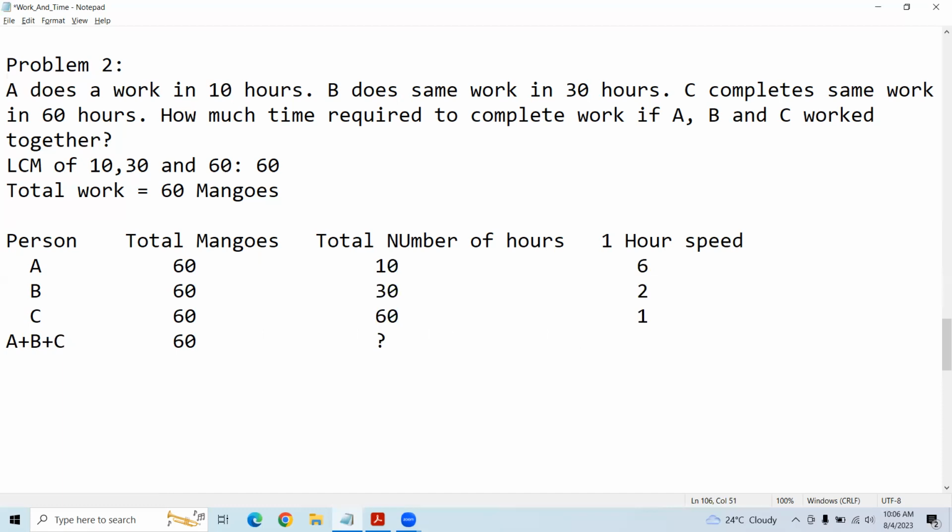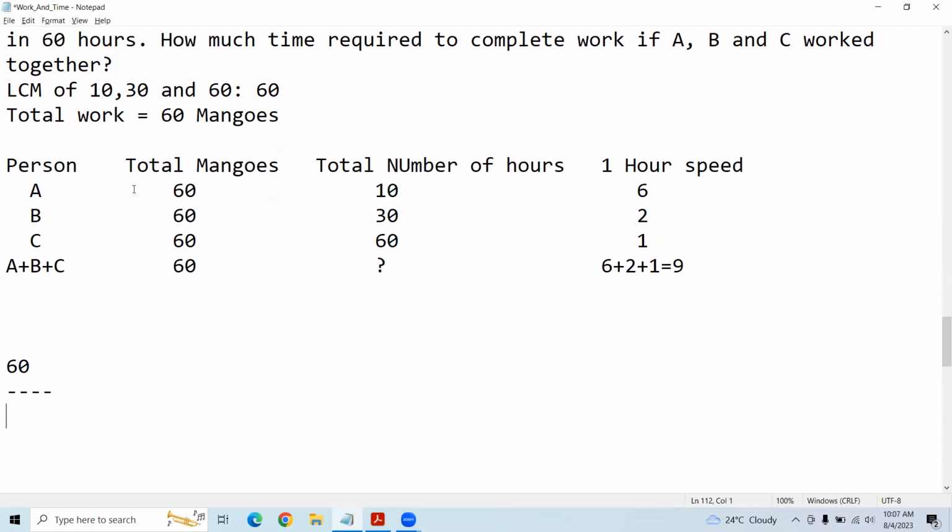They are asking us that. If we look at the speed, we need to take A speed, which is 6, B speed is 2, C speed is 1. That is 9. So in 1 hour, if they are eating 9 mangoes, for eating 60 mangoes, how much time will they need? 60 by 9. 9 sixes are 54, and 54 plus 6 is 60.